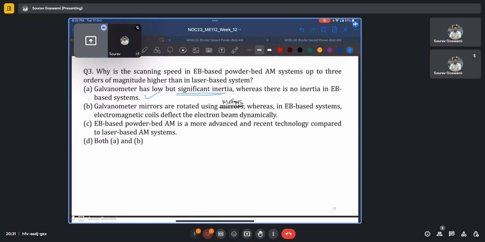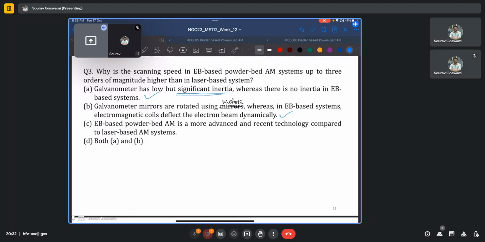The galvanometer mirrors are rotated using motors, whereas in EB-based systems, the electromagnetic coils can deflect the electron beam dynamically as well as almost instantaneously. And EB-based powder bed AM is a more advanced and recent technology. So if we remember correctly, EB-based powder bed AM came before SLS and SLM.